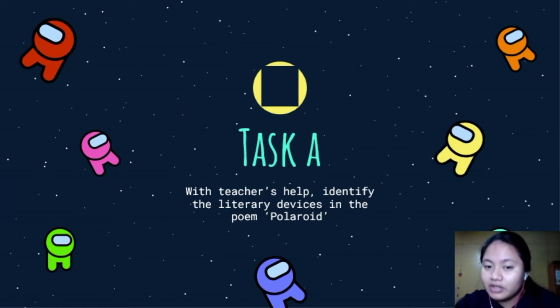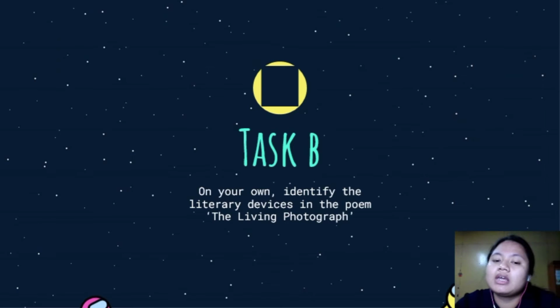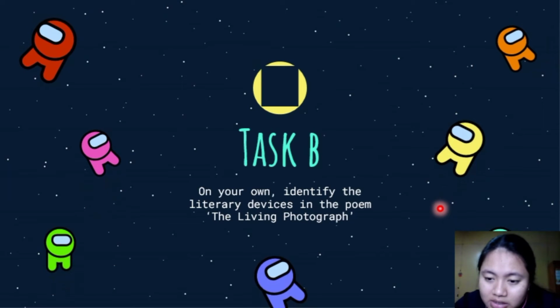After we are done with task A, we will proceed to task B. Task B will be basically the same thing as task A, but this time around I'm not going to help you directly. You will be on your own first. You're going to identify the literary devices, but in a different poem: Living Photographs by J.K.